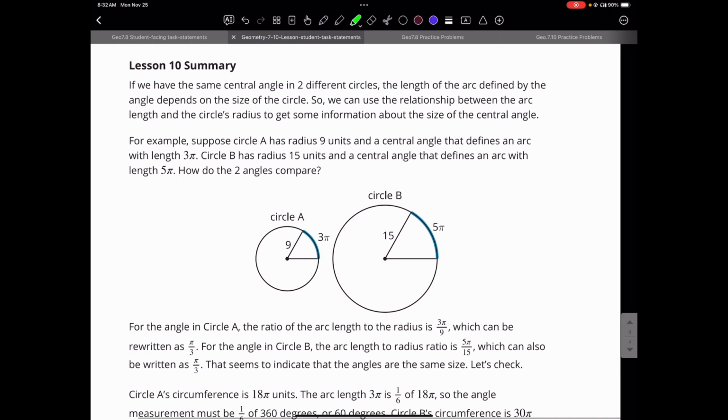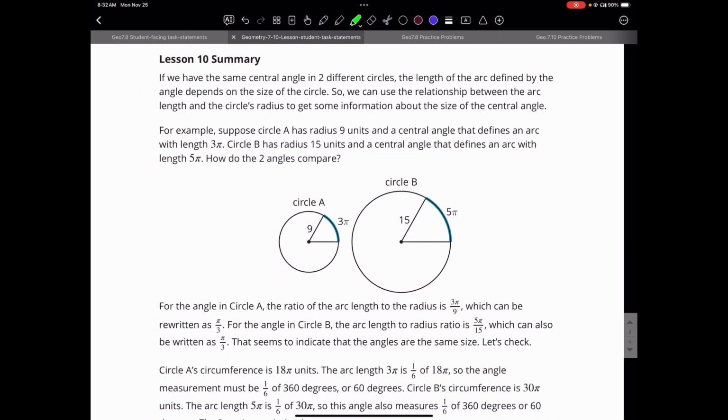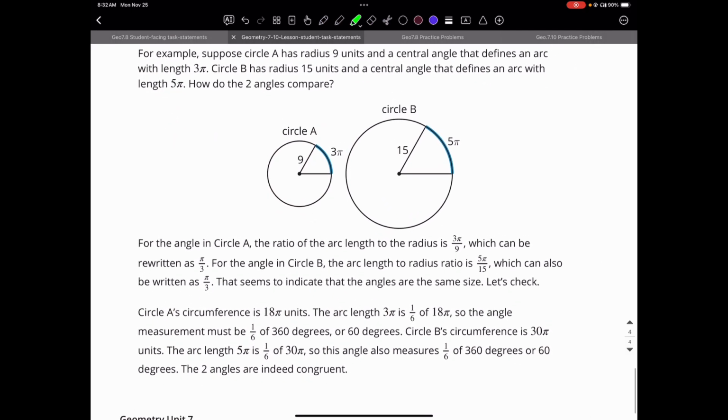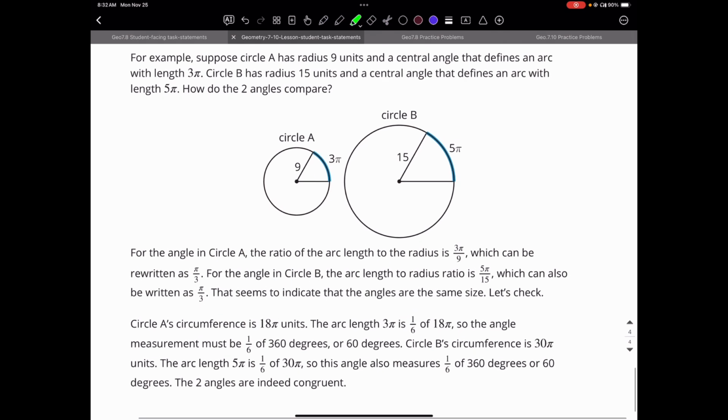But I did want to go back to the lesson summary, and let's see what it says here. It went over the example, right? So for example, suppose a circle A has a radius of 9 units and a central angle that defines the arc length of 3 pi. Circle B has a radius of 15 units and a central angle that defines an arc length of 5 pi. How do the two angles compare?